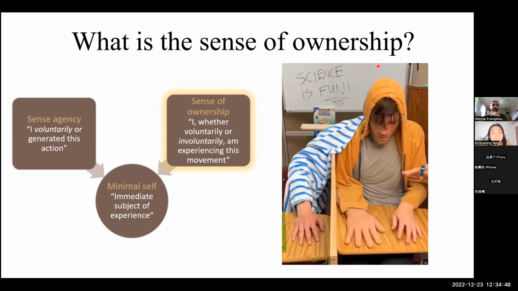And then you'll also see this marker in the brain as well, in the neuropsychological aspect. And so these are indicators that you can start to feel ownership over a hand that's not yours.